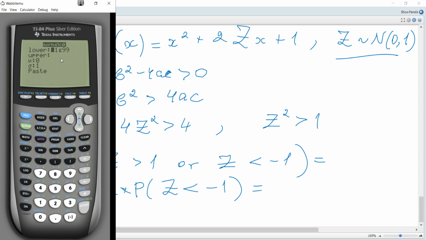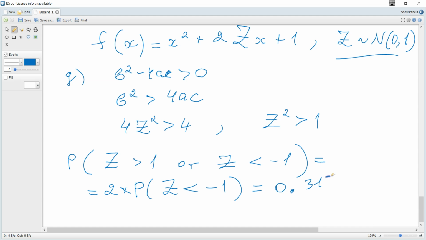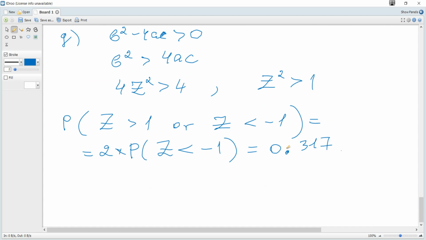In general, it doesn't matter because it tends to 0 very rapidly. And upper bound, we need negative 1, under 0, 1. Multiply by 2, and it becomes 0.317 to 3 significant figures.